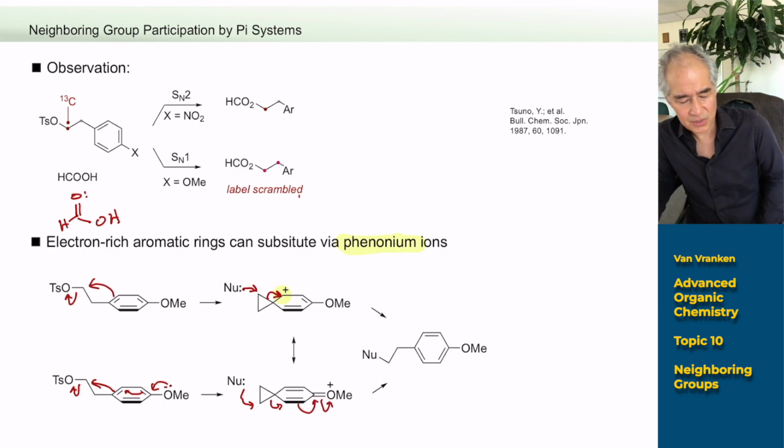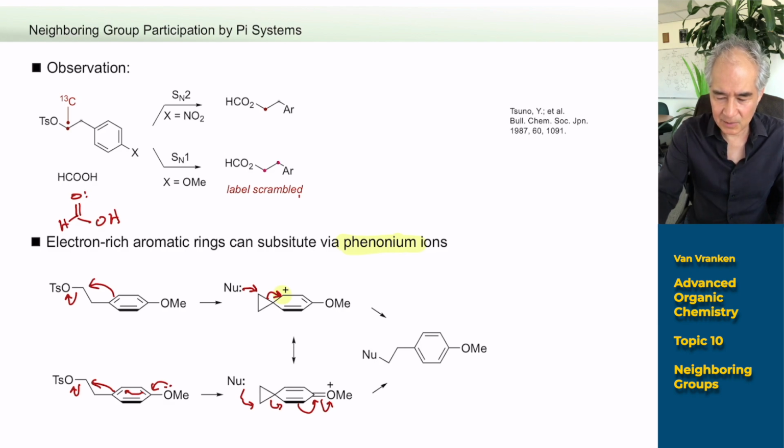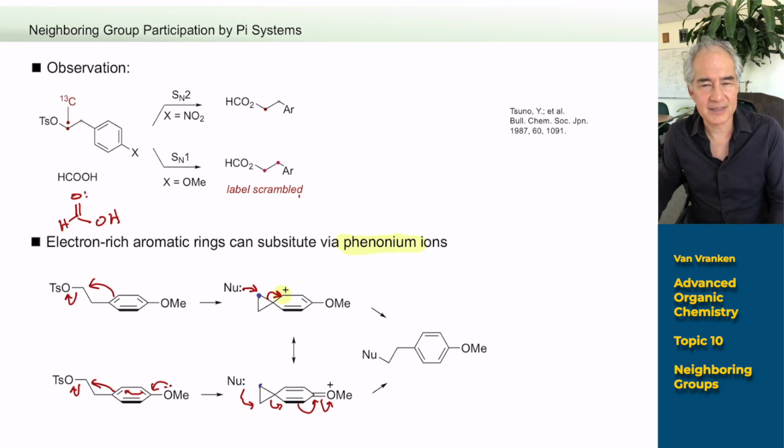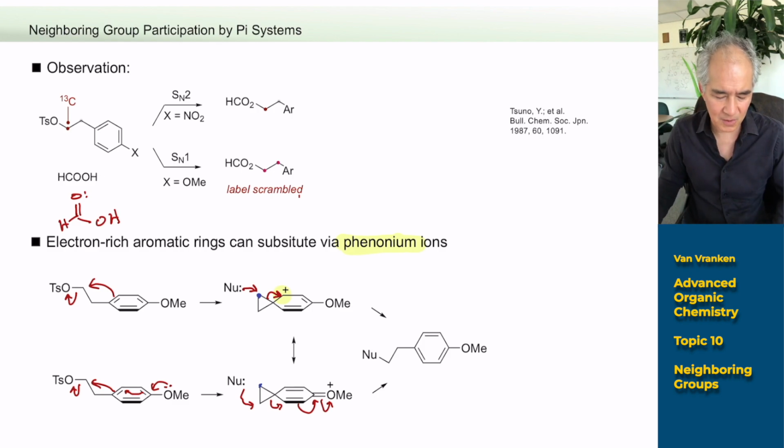So you could attack the top carbon of that cyclopropane ring or the bottom carbon, and that's why that C13 label gets scrambled between those two positions. If the C13 label was up here, you would have very little difference in reactivity. Half the time you'd add to the C13 carbon, the other half the time you'd add to the regular isotope 12 carbon.